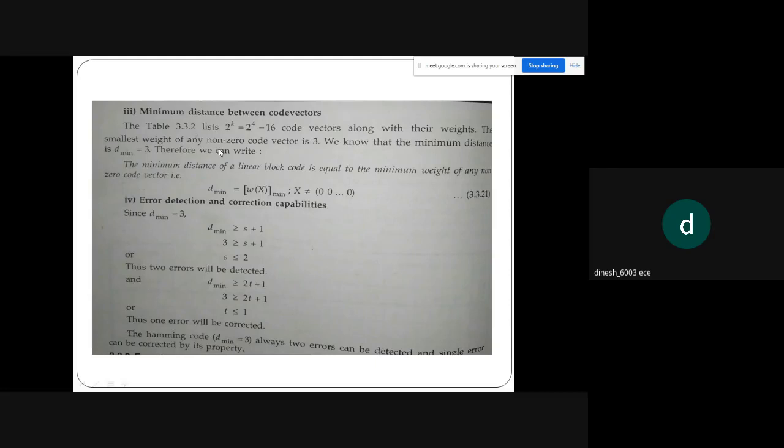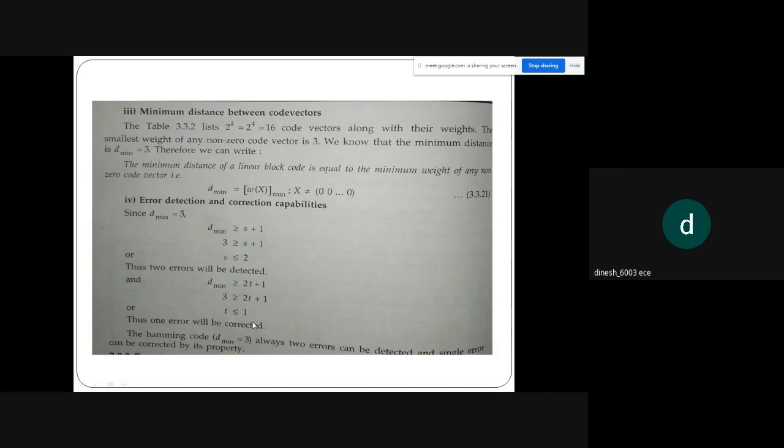So this code will detect 2 errors. How many errors it will correct depends upon the formula d minimum greater than or equal to 2t plus 1. So d minimum is 3, greater than or equal to 2t plus 1. Take this one to that side, 3 minus 1 will be 2. So 2 is greater than or equal to 2t. On rearranging, t is less than or equal to 1.